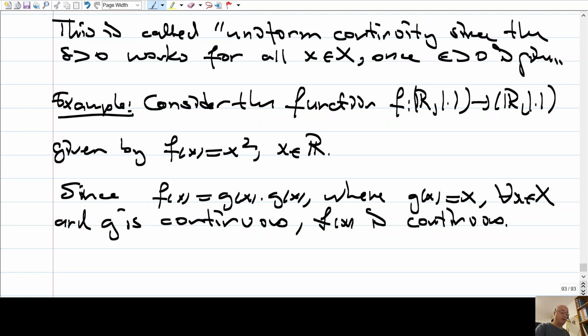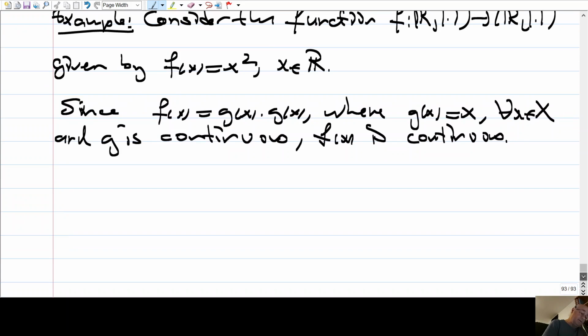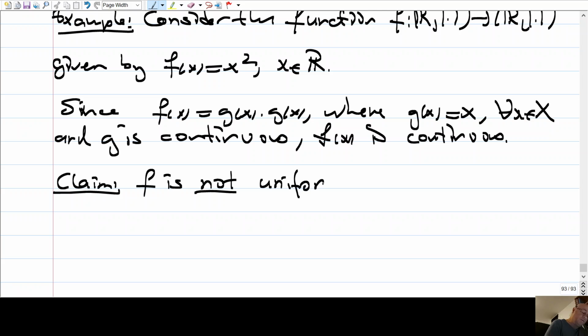It follows from the limit characterization of continuity. Okay, so this is continuous. Or you can just show directly using epsilon delta. But the claim is this: f is not uniformly continuous.